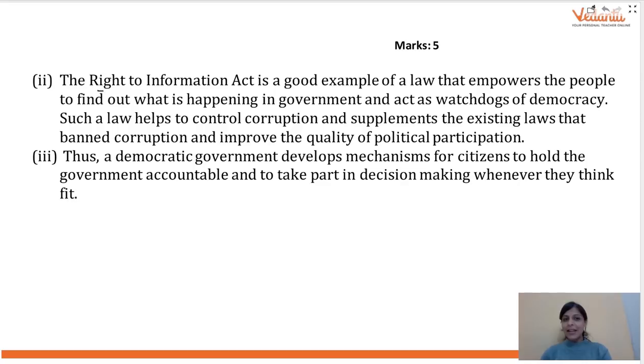Even RTI in this case comes very handy, that okay, you empowered the citizens with the right to information, and yes, the democratic government develops a mechanism for its citizens, so that the government is more accountable, and also they feel that yes, they are taking part in the decision making. I hope I've made this answer clear, and you guys can correlate it with real life situations.